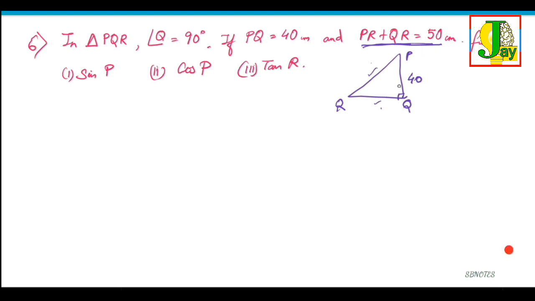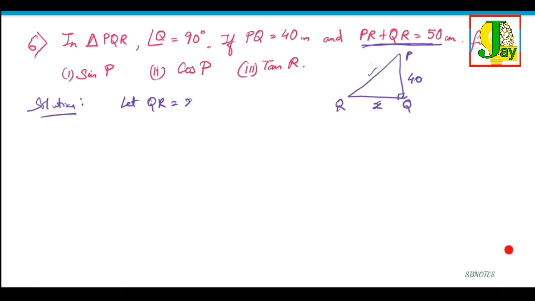Let's take one of these sides as x. You can apply the same logic to other questions also, where you have the same kind of things given. So let us take QR as x.